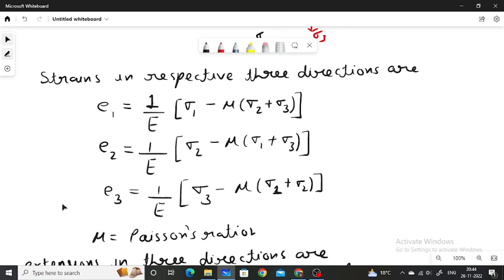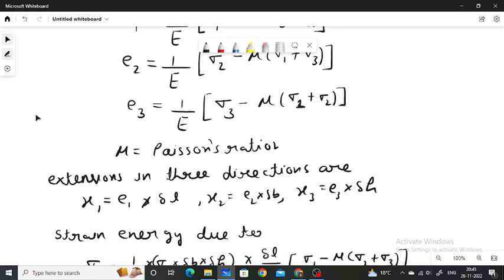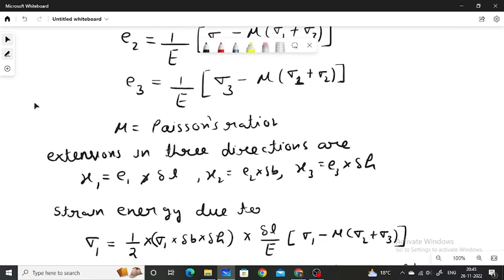E2 is equal to 1 by E sigma 2 minus mu sigma 1 plus sigma 3. E3 is equal to 1 by E sigma 3 minus mu sigma 1 plus sigma 2, where mu is the Poisson's ratio and E is the Young's modulus.